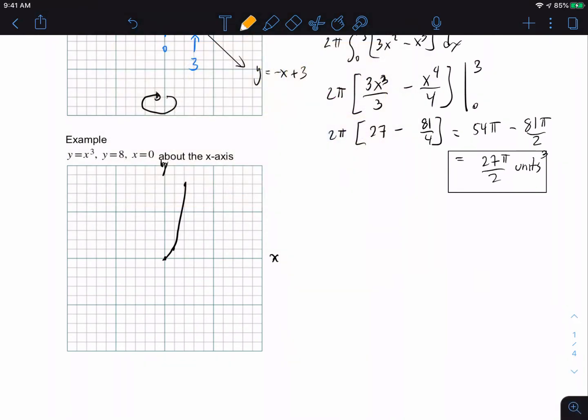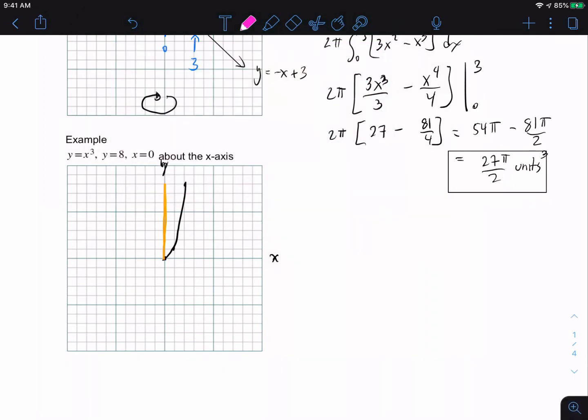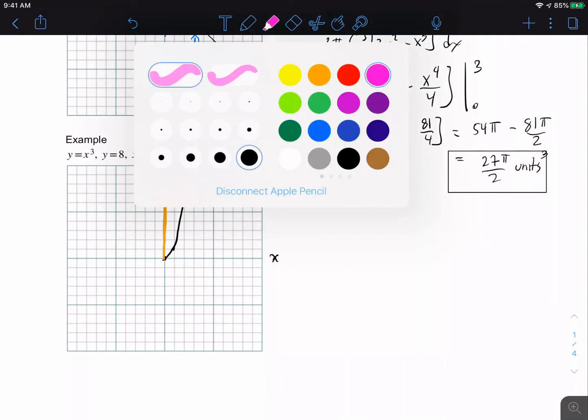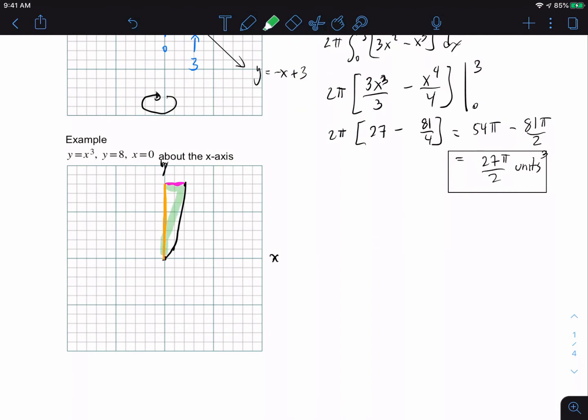Then we also have x is equal to 0. That's a vertical line that goes right here. And we have another line that goes right here, right? And so our bounded region is going to be this piece right here, right? Agreed?